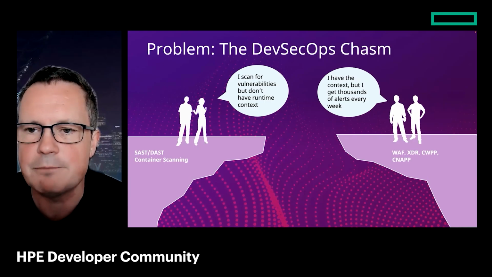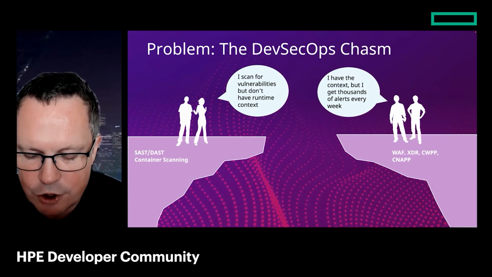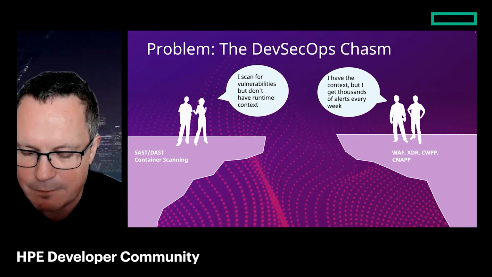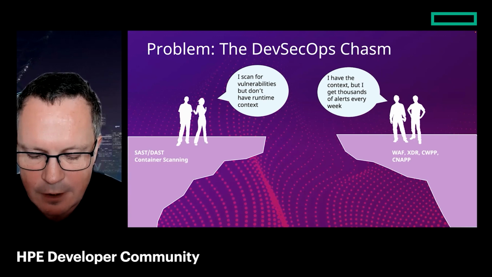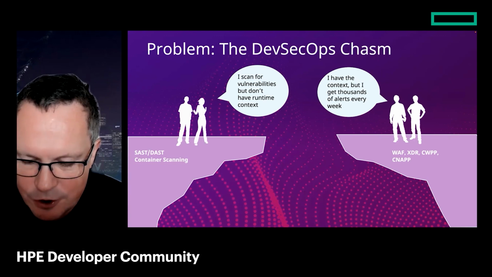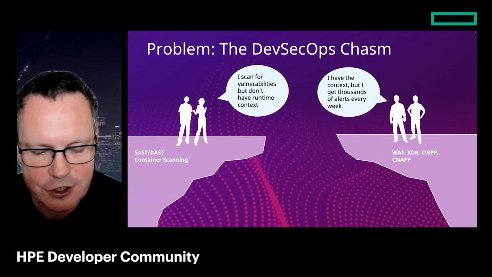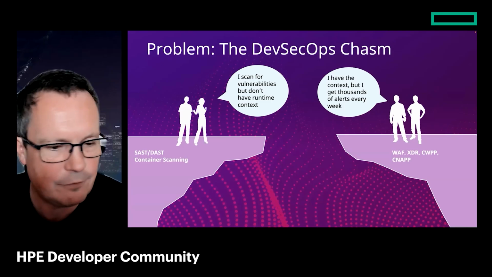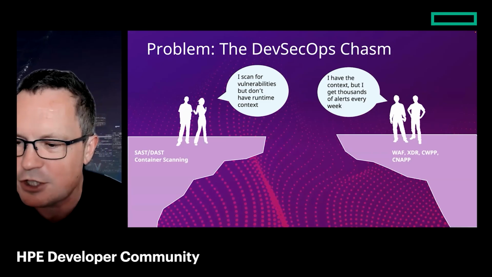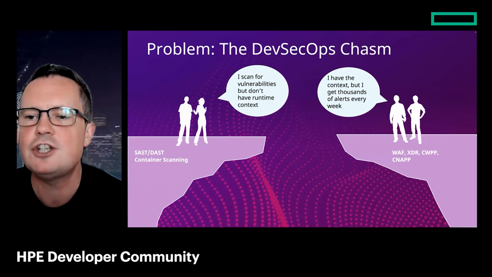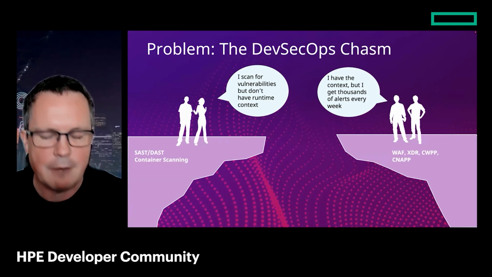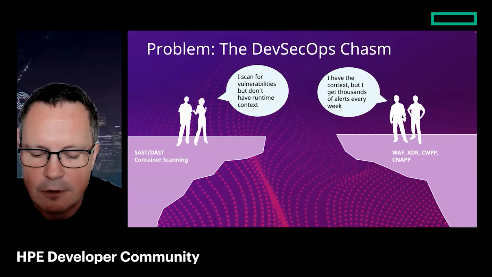But then the gap comes when we talk to the operations teams, the SecOps teams, the app security teams, the network ops teams, who say that they are using tools such as WAFs, cloud workload protection platforms, cloud native application protection platforms, things like that, great acronyms, all generating huge numbers of alerts, but without the context of the application.